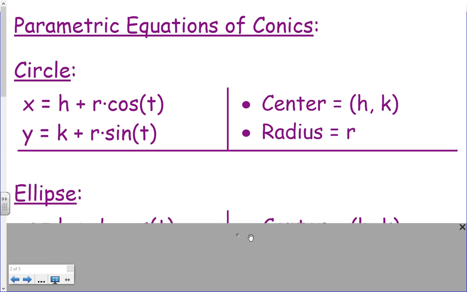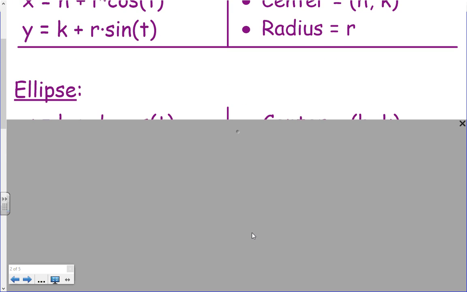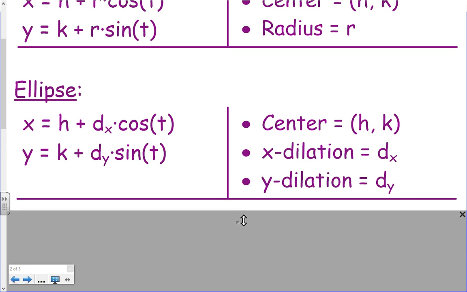All right, let's take a look at the ellipse. The ellipse, we shouldn't be surprised, is going to look very similar to the circle. In fact, we saw this when we were looking at the Cartesian form, when it was that center radius form. The equation is basically the same here, except instead of using r, we're using d sub x and d sub y to represent our x dilation and our y dilation.